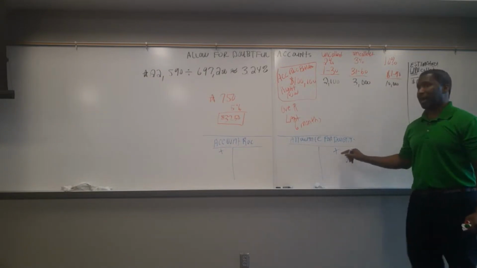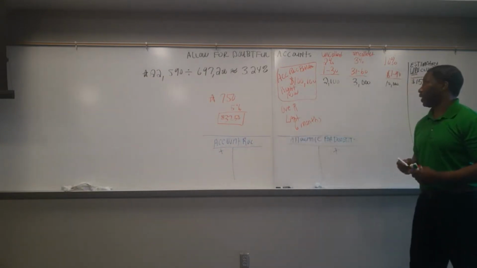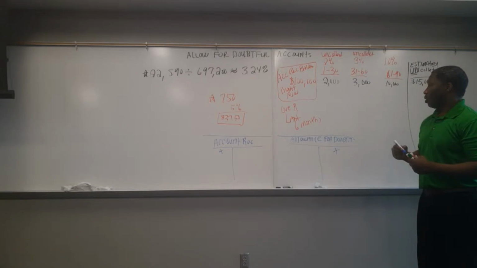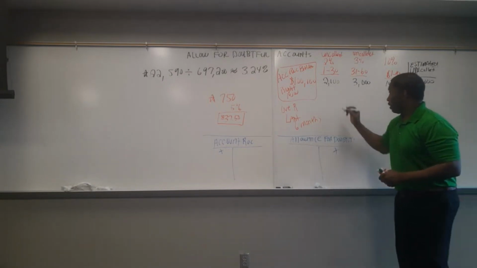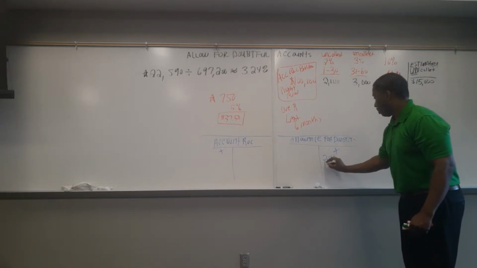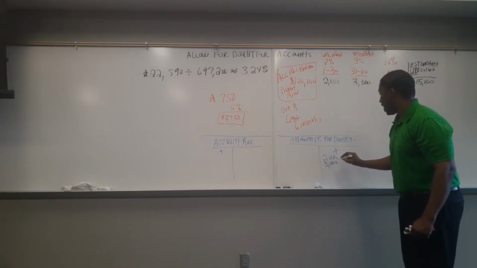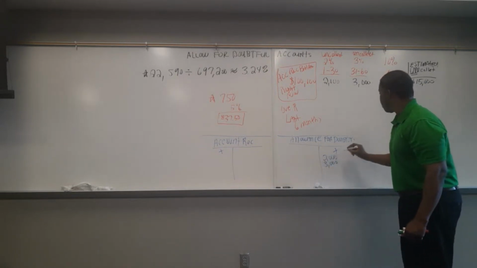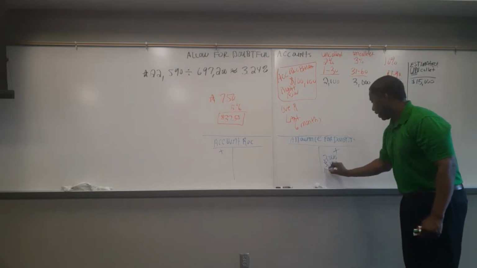So this is on the credit side, this is on the debit side, okay? So right now, as of this date, I have $2,000 in here. And this is unfortunate, but we have to put it here. We have to estimate how much will not be collected. $10,000 there.